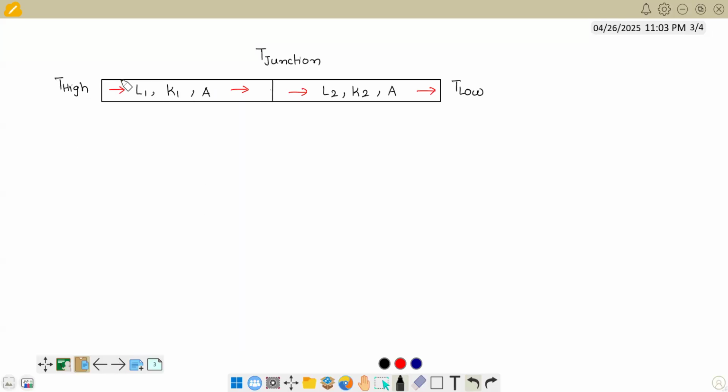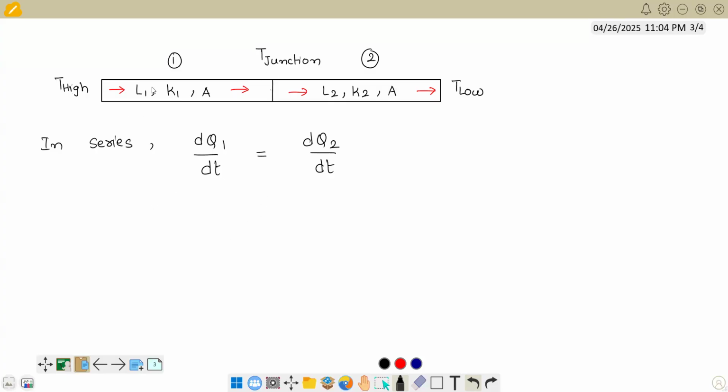But for now, let me call this the first rod, and this the second rod. We know these are attached in series. In series, whatever heat is flowing in the first rod would be equal to the heat flowing in the second rod, or we can say heat current in the first one equals heat current in the second one.